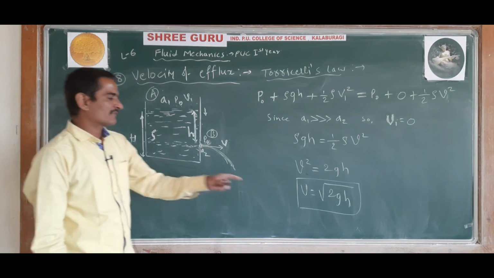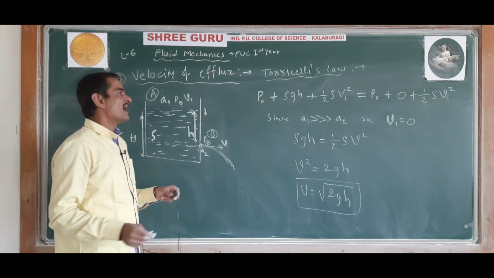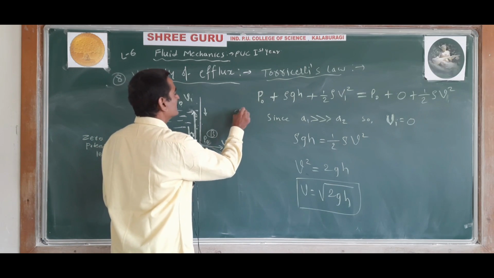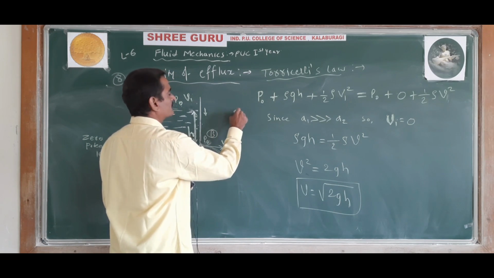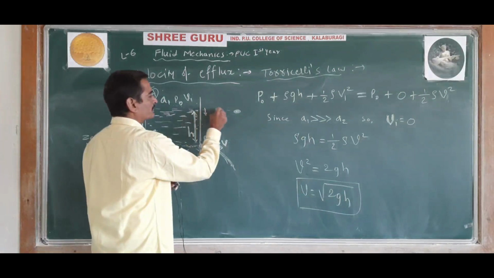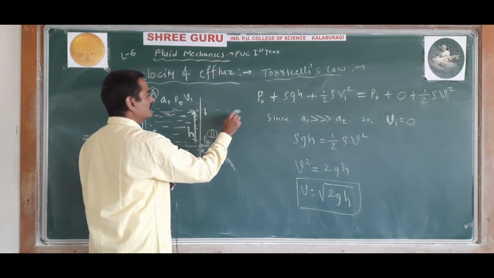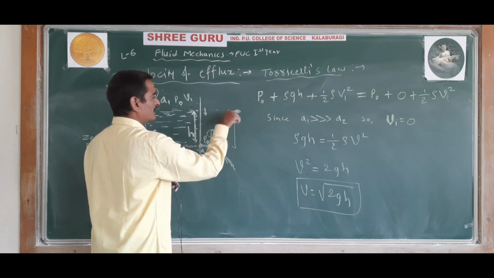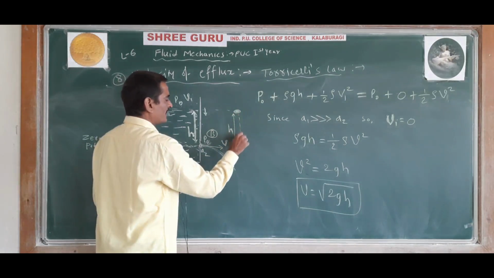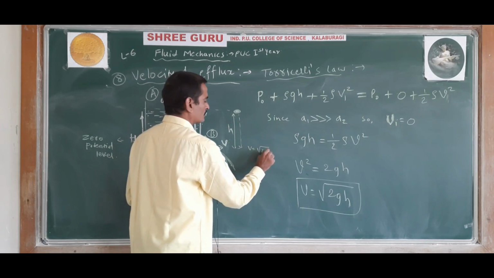And this velocity of the liquid coming out of the orifice is the same as the speed of an object left free, that is a free falling body. A body falling from a height h and moving through a height h will have velocity at this point also equal to v is equal to under root 2gh.